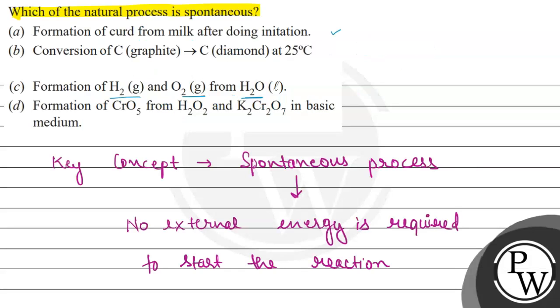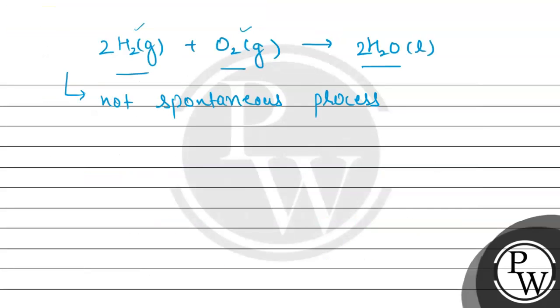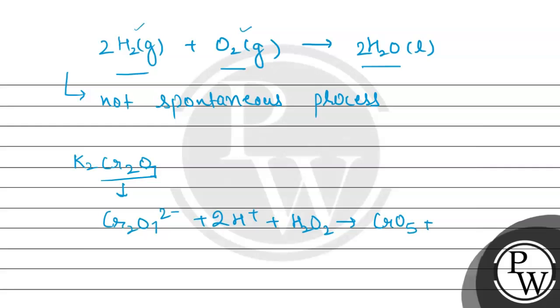Now जो हमारे पास D है ऑप्शन it says formation of CrO5 from H2O2 and K2Cr2O7 in basic medium. Now let us see जो हमारे पास reaction रहता है K2Cr2O7 के लिए, so this can be written as Cr2O7 2 negative plus 2H positive plus H2O2 which leads to the formation of the CrO5 which is the chromium oxide plus H2O.